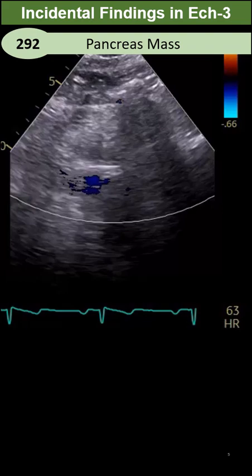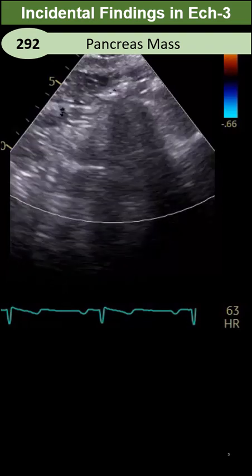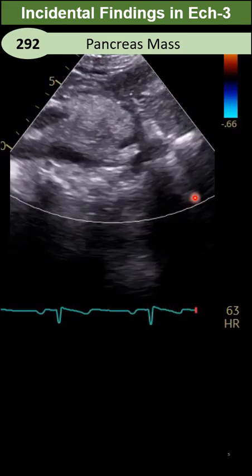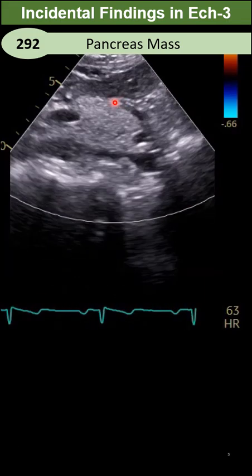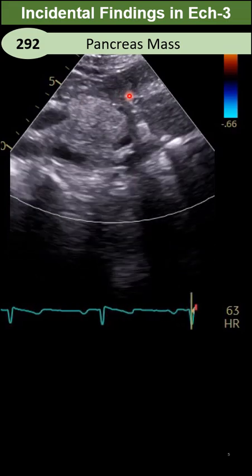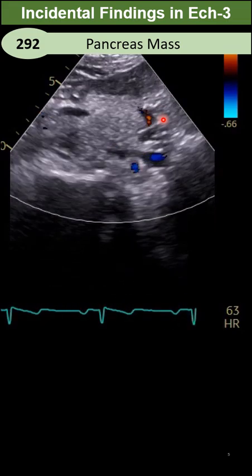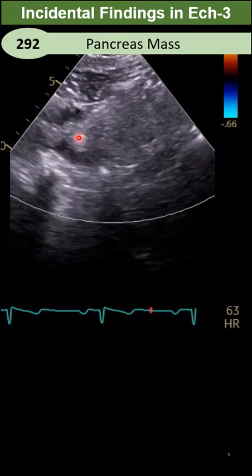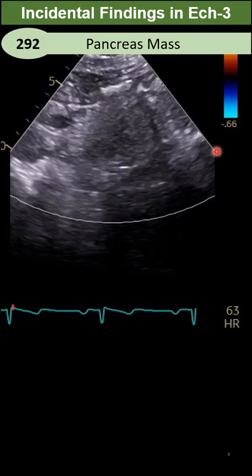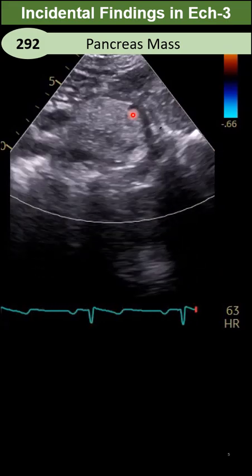Here is our case. As you can see, we were looking for the IVC. Suddenly, we noticed there is a mass with a clear border at the level of the pancreas, head of the pancreas, and you can see IVC posterior to that.